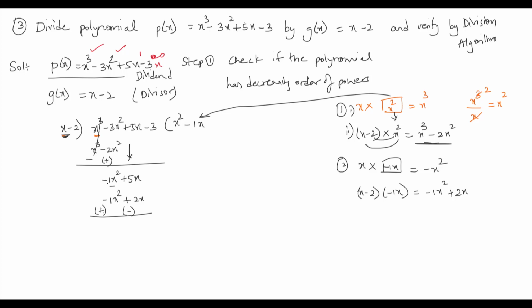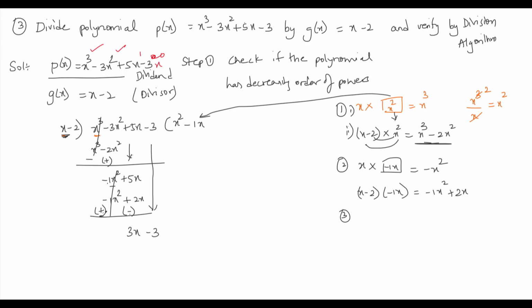Minus 1x square plus 1x square gets cancelled. Always remember to consider the sign which you have changed, not the sign which it has. So here 5x plus 2x is not what you have to choose, but 5x minus 2x. So the answer is 3x. Get this down. This comes minus 3.